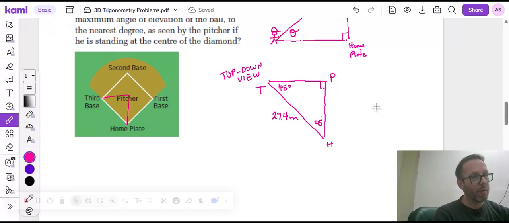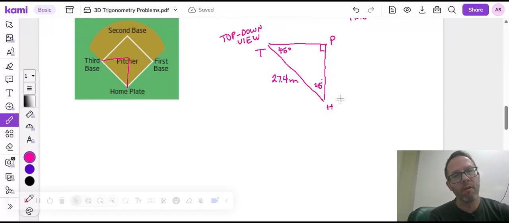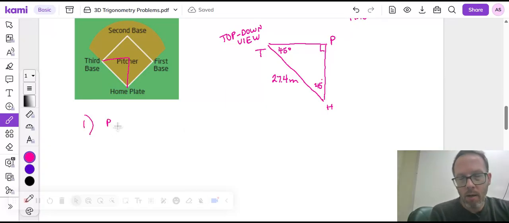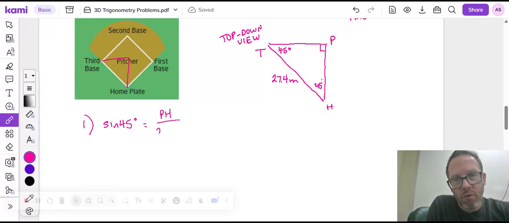Now it's just, you could even use Pythagorean theorem for this one, but let's just use SOHCAHTOA. So let's use the sine of 45. It's the same difference one way or the other. Sine 45 equals PH over 27.4.